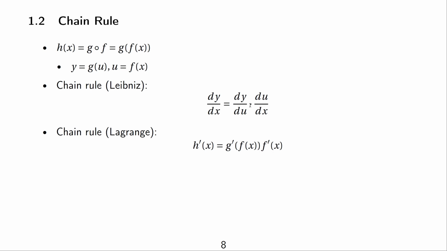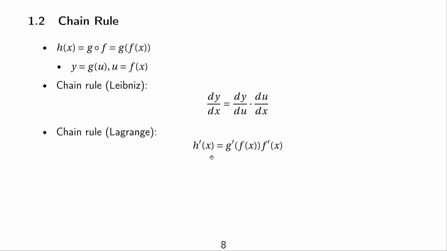And again, looking at the structure here, so we have dy du, which is the derivative of this one here, and then du dx, this is the derivative here. So du dx asks, for this u equals f of x, how does this output u change with a small change in x? And dy du asks, for this function here, if u now changes a bit, how does the output y change?